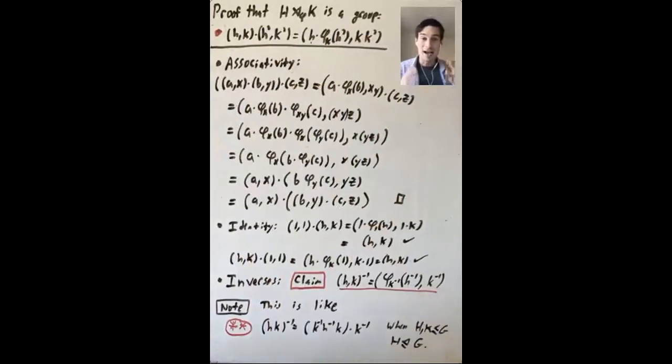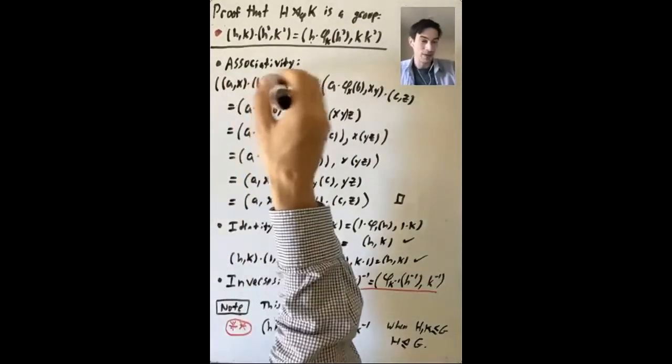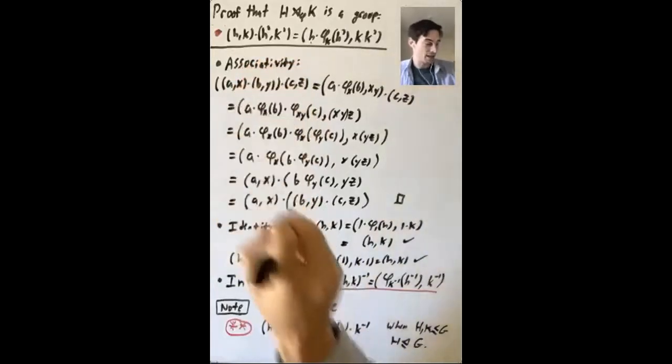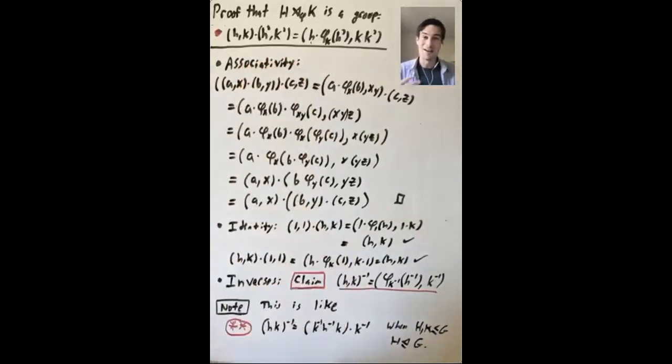And I highly encourage you to watch this video, read the corresponding sections of Dummit and Foote and also Conrad's notes, and then forget about it, take out a blank sheet of paper and check that you really can follow this argument, do this argument on your own, because it forces you to practice a little bit with what it really means to multiply two things in a semidirect product. So let's just go one step at a time and see that this operation is associative.